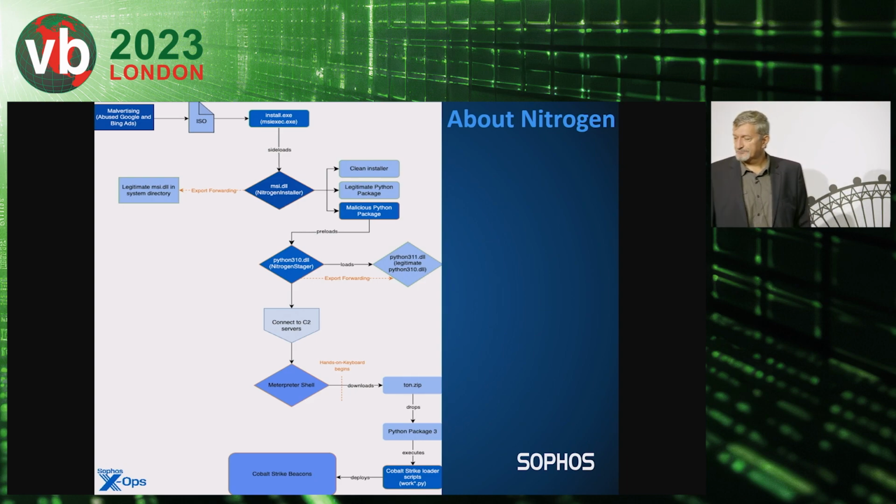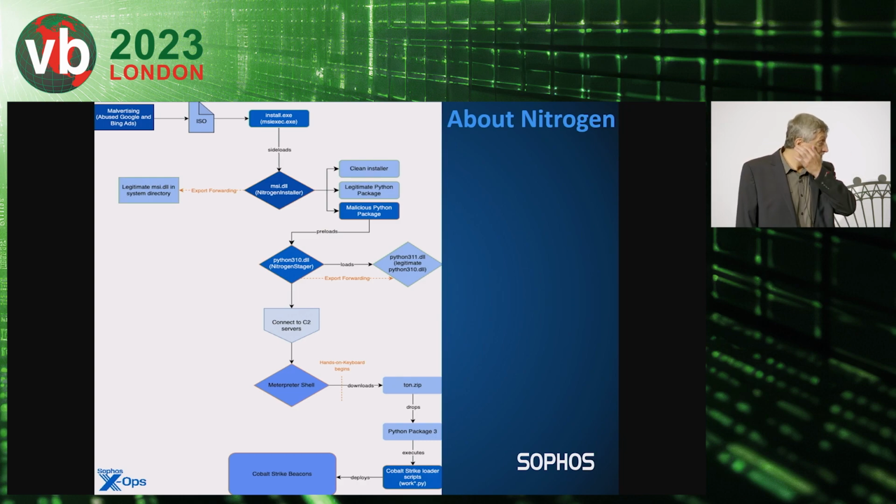And after that, one of the dropped Python packages actually is a Trojanized version, which will load interpreter shells that will connect to the C2 server. And this is where the actual automated infection process stops.